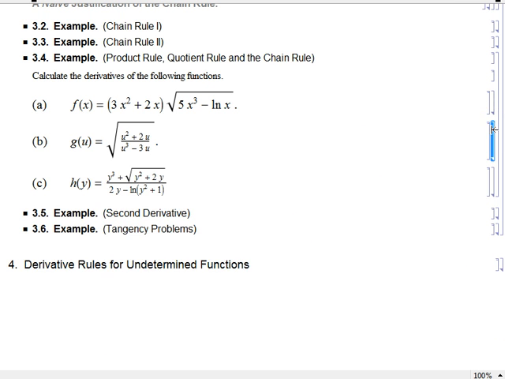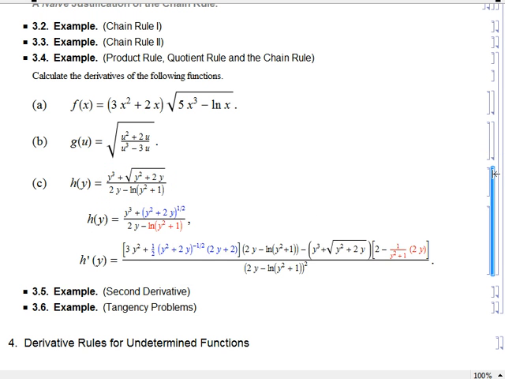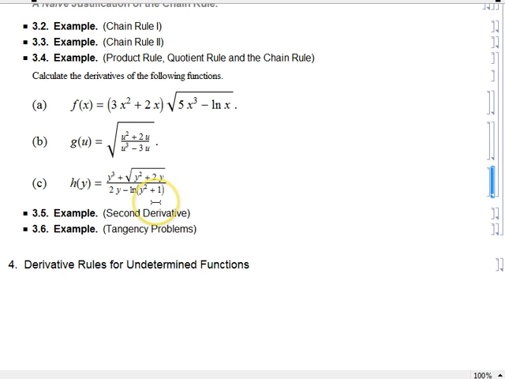The next problem is going to be a little bit more challenging. I'm not going to completely finish that. You have to make a decision which rule to use first. Is it quotient rule first or chain rule first? It's going to be quotient rule, because the largest part, the outer structure, is this over that.